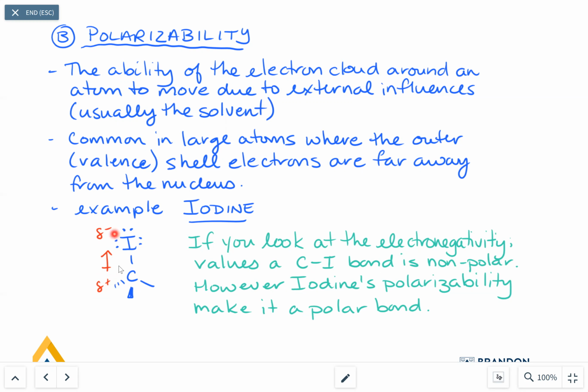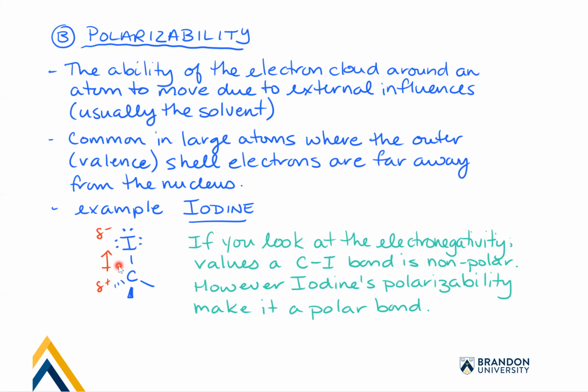Same thing with bromine to a lesser extent, but for all of the halogens, when you bond them to carbon, in a C-F bond, the carbon's got a delta plus because fluorine's so electronegative. With a C-Cl bond, the carbon's got a delta plus because the chlorine's so electronegative. In a C-Br bond, carbon's got a delta plus because bromine is more polarizable.